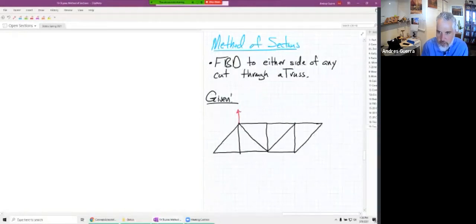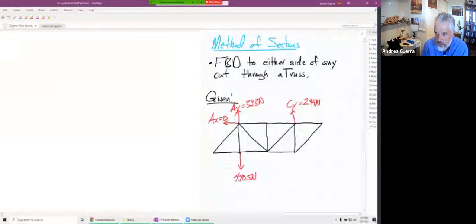We've got our AY equal to 3.93 newtons. We have a CY that's equal to 2.94 newtons. Our AX is equal to 0. 4.905 newtons here, and 1.96 newtons over here.